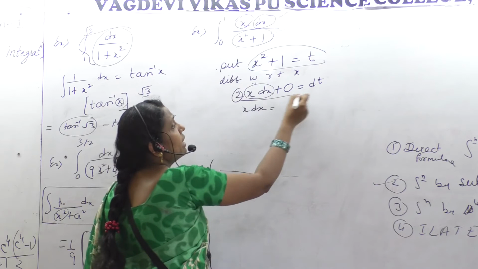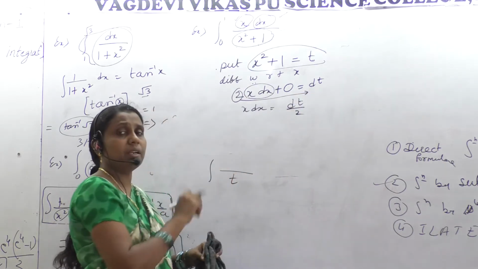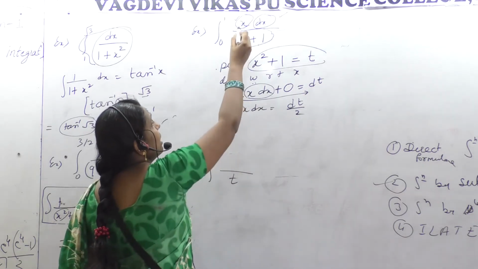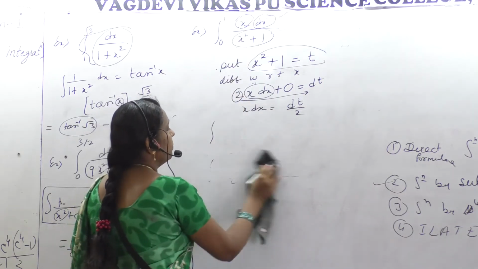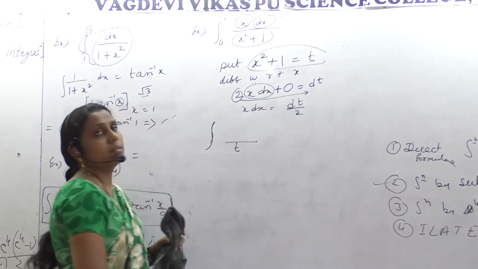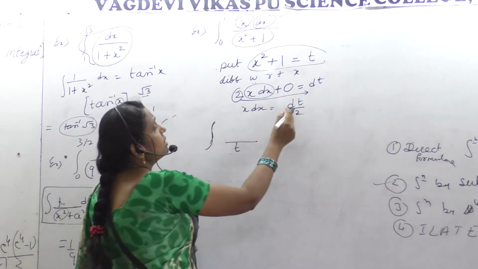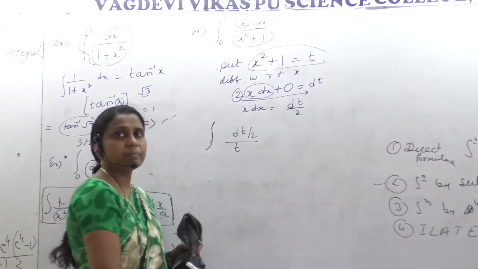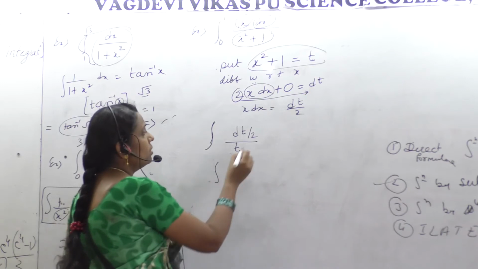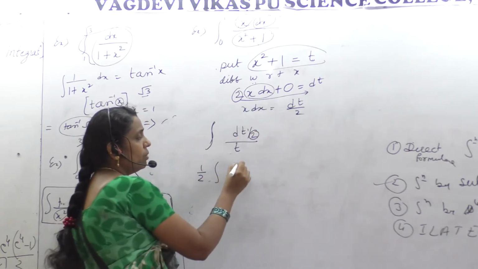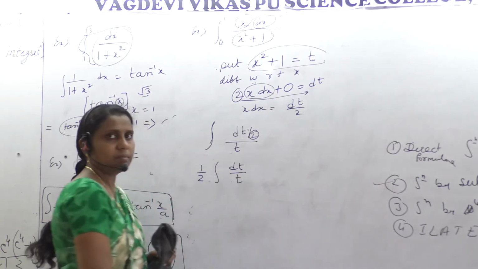This 2 I shifted, so it will come in the denominator, dt by 2. Now what will be the answer here? Integration of dt by 2. This 1 by 2 I will take completely outside. What you got? dt by t.